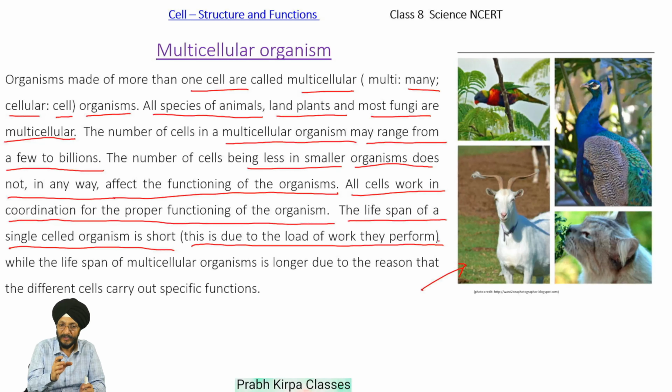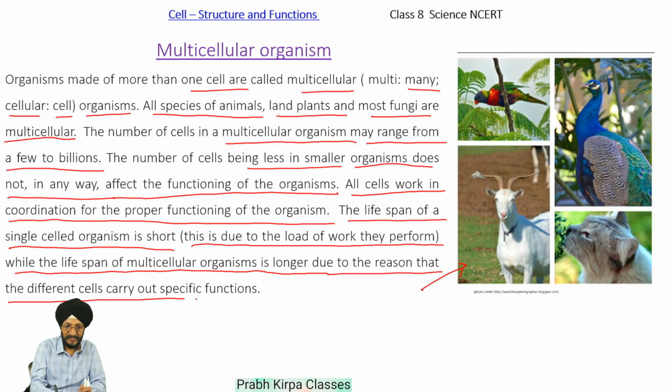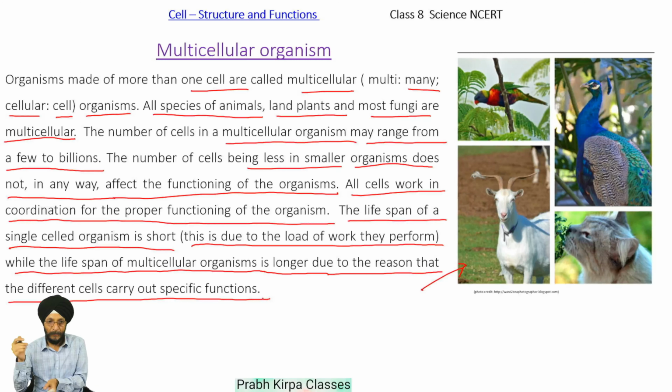There is a lot of workload on it, while the lifespan of a multicellular organism is longer, due to the reason that the different cells carry out specific functions because they have different roles to perform. That is why the lifespan of multicellular organisms is longer as compared to single-celled organisms.